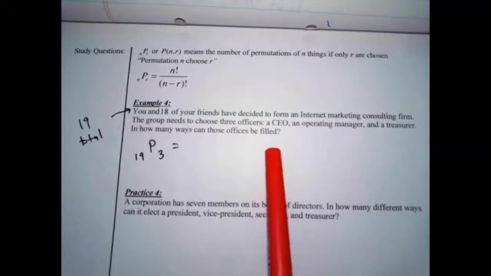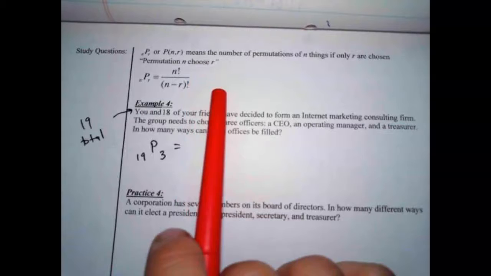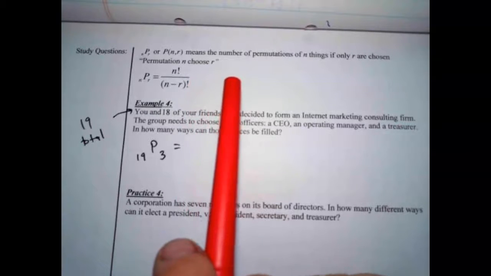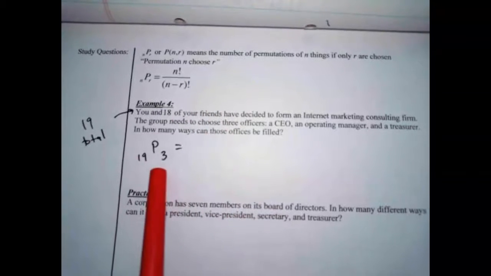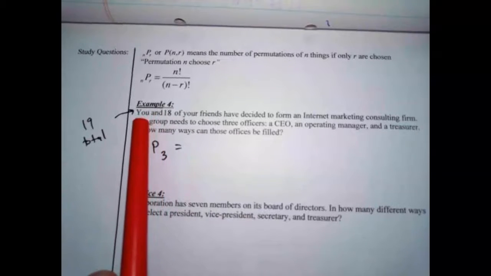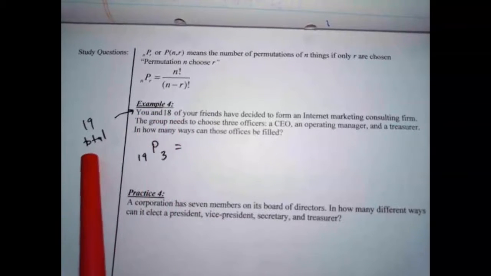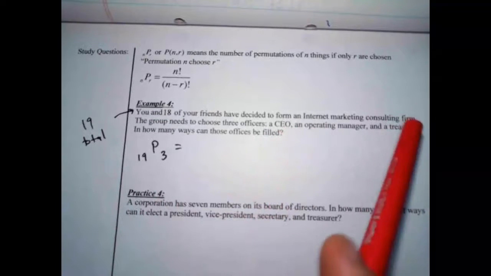So when you're picking R things from N things in a permutation, in this case we're picking 3 officers from 19 total people. Again, you and 18 of your friends, 19 total. But we're only picking 3 of those people for these 1, 2, 3 positions.